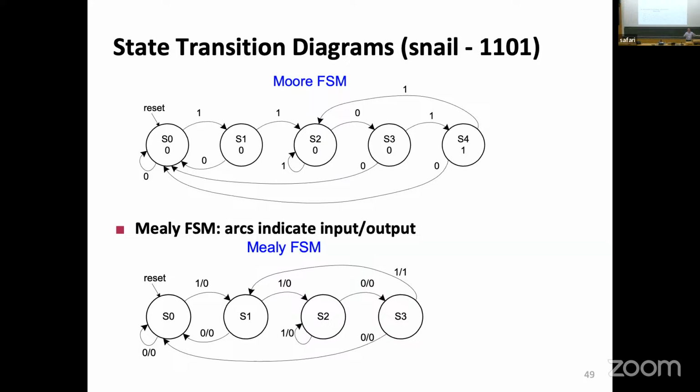Well, the only Mealiness of it is that I can change the output. The same state could have a 1 output or a 0 output. That's the only Mealiness of it. If you take the Mealiness out of a Mealy machine, why do you have a Mealy machine? Yeah. All right.